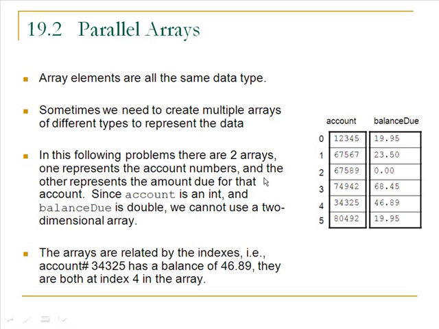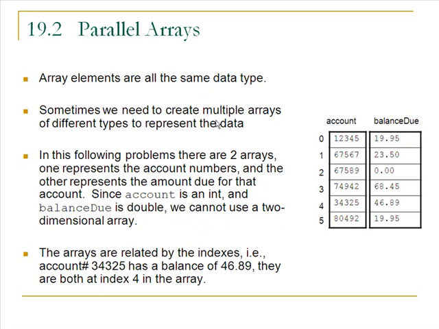So suppose that there are two arrays, one representing the account numbers and the other representing the amount of money due for that account. So account number is an int and the balance due is a double.